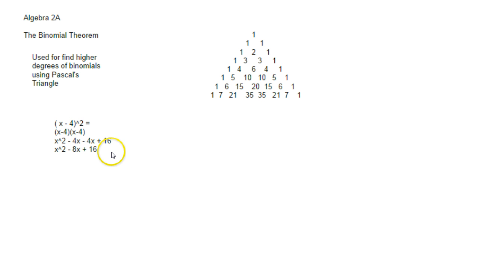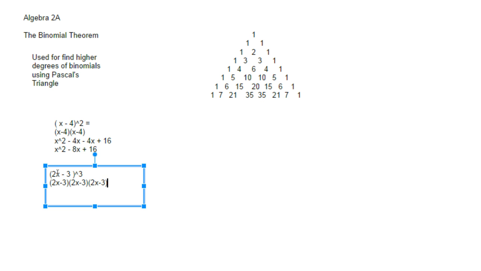So you could continue to do this, and you can do this for powers of 3, powers of 4, and all that stuff. You just have to work your way up. For example, let's say we did 2x minus 3 in parentheses and then raise it to the third power. That means 2x minus 3, 2x minus 3, 2x minus 3, and then you could just multiply this out.